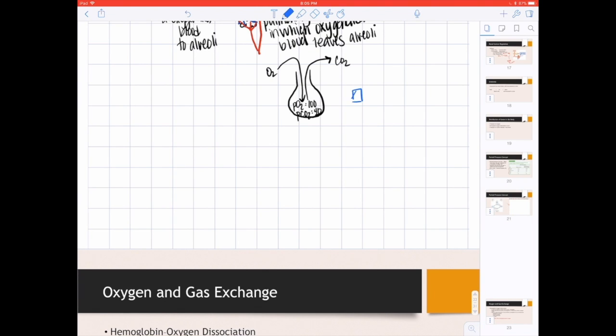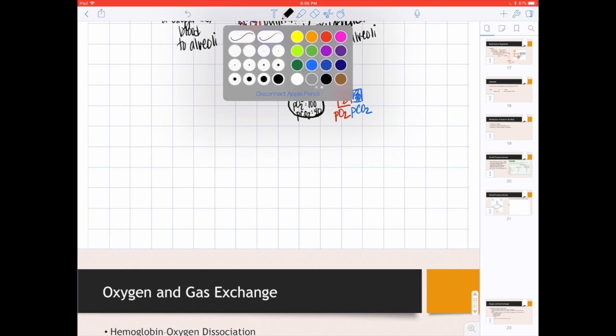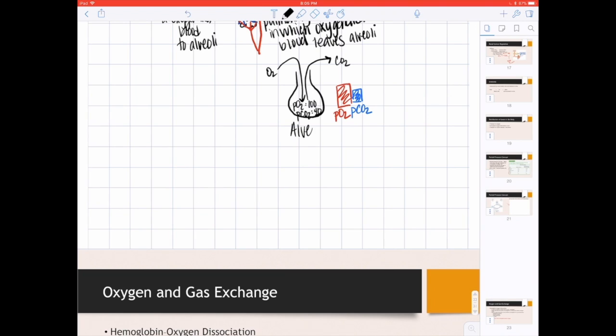So let's draw that out just in a little color-coded cartoon. Got PCO2, and then we've got more oxygen than we have of CO2. And this is the alveoli. Hopefully I'm not going too slow.